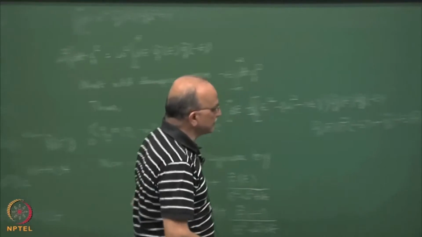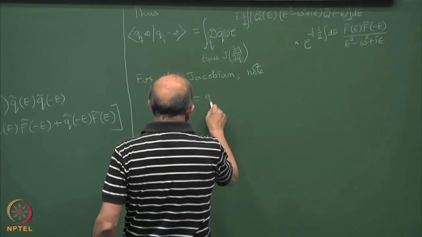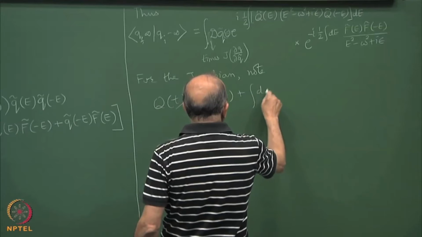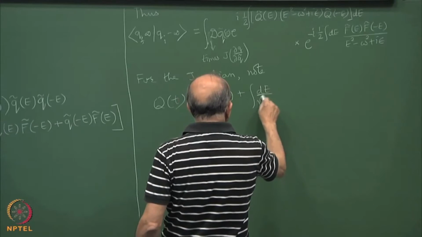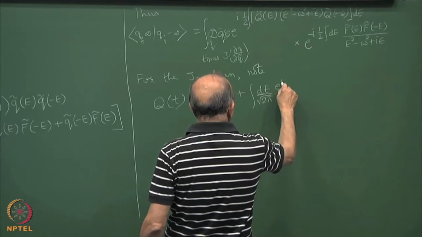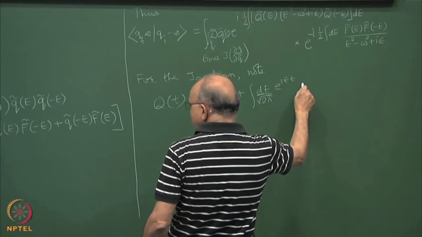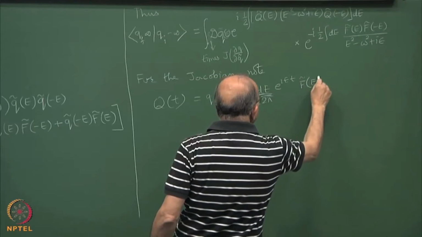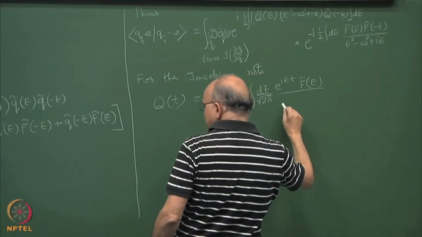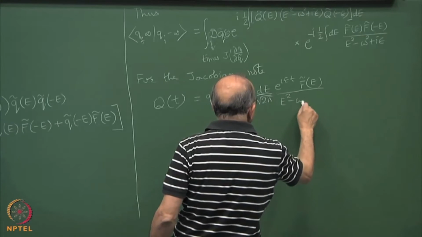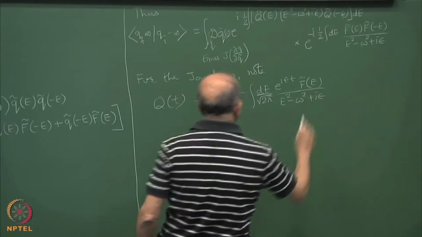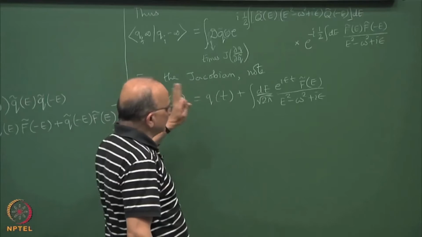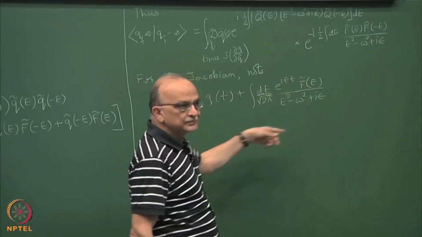So we get capital Q of t equal to the small q of t plus this Fourier transform, dE over square root 2 pi e raised to I E t f tilde E over the E squared. So this Jacobian is 1 because this has no dependence on Q.